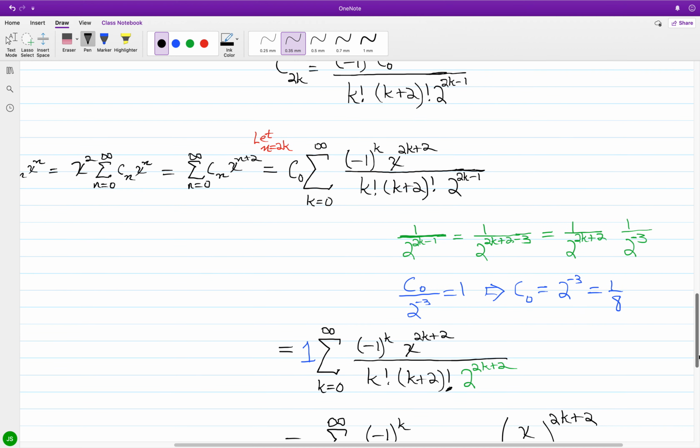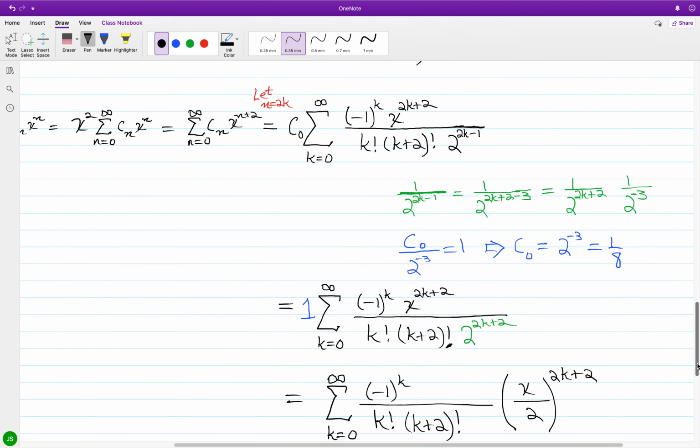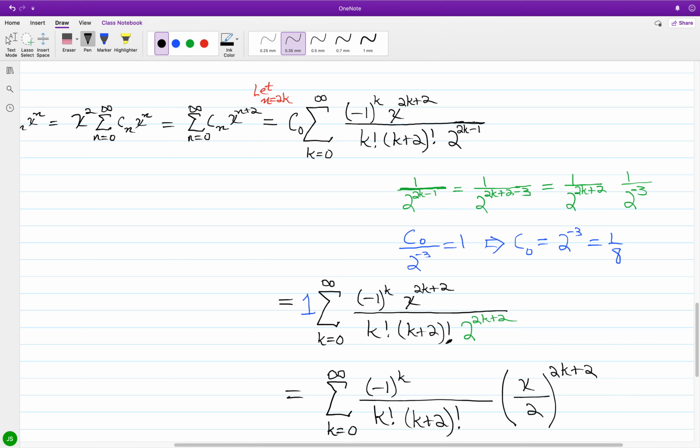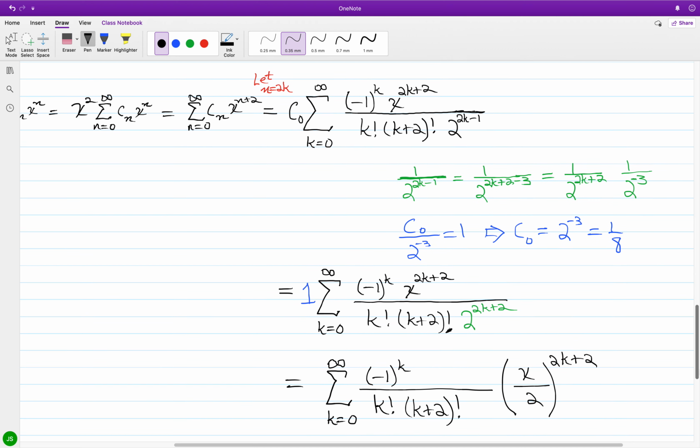As we look at condensing what we have with x and 2, our exponential bases, we're now going to have the summation as k goes from 0 to infinity of negative 1 to the k all over k factorial times k plus 2 factorial, and you have this ratio times the quantity x over 2 raised to the 2k plus 2 degree.